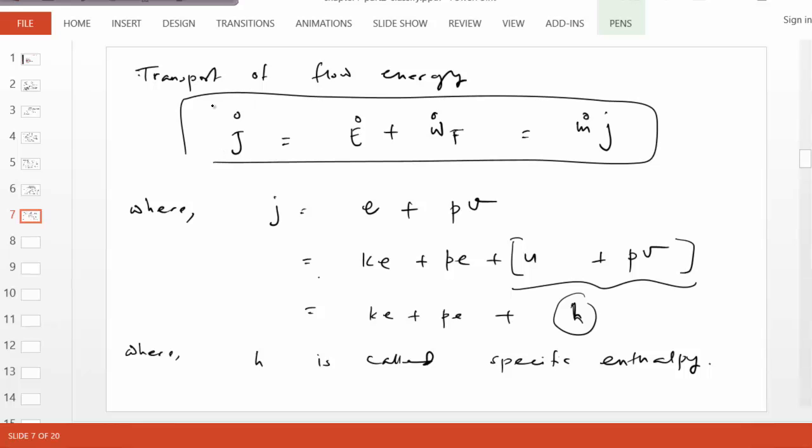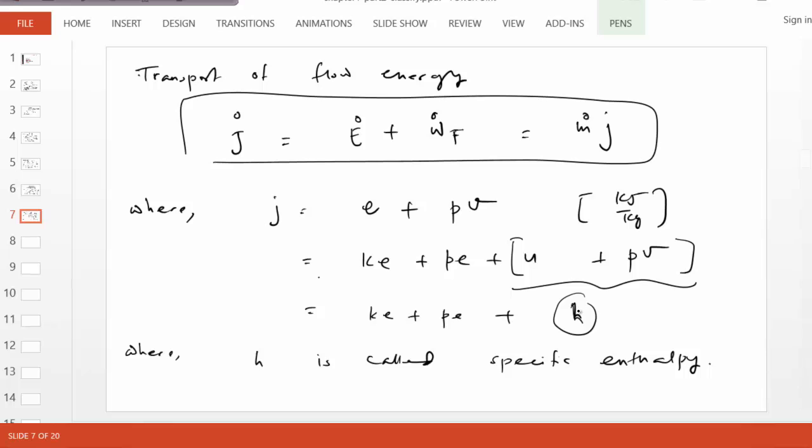The rate of transport of flow energy is given by J dot, where J is flow energy per unit mass in the unit of kilojoule per kg. So J tells you, if a flow is going to a place from wherever it's entering or getting out, how much energy per unit mass it is carrying.